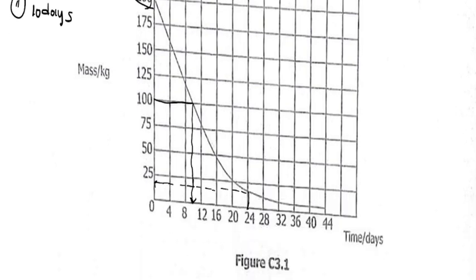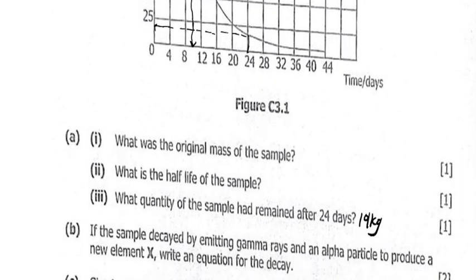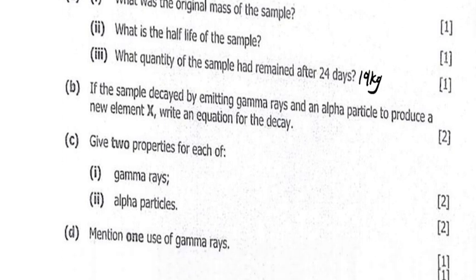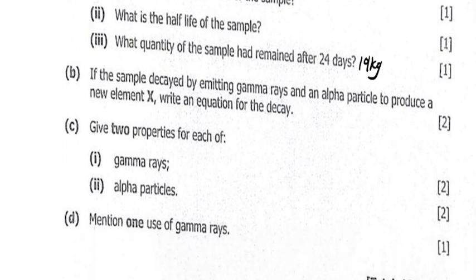Okay. From there we look at another question. Give two properties of each of the following. Now we have gamma rays. What are the properties of gamma rays? The first property of gamma rays is that they don't have a mass.